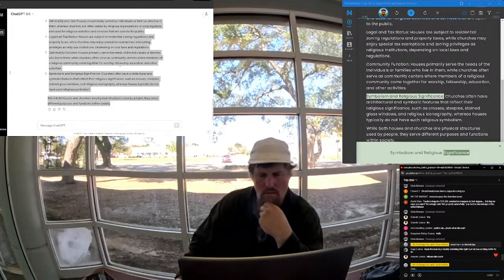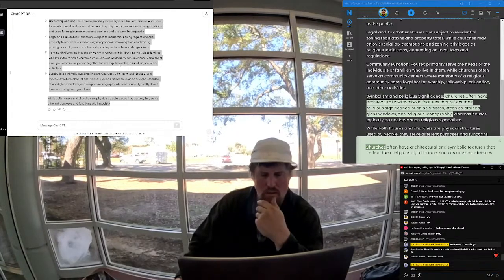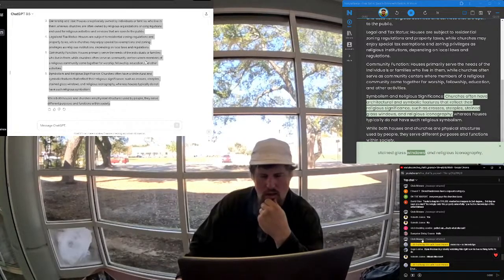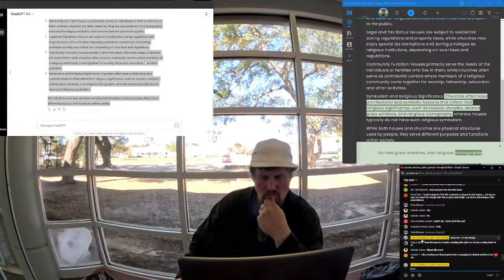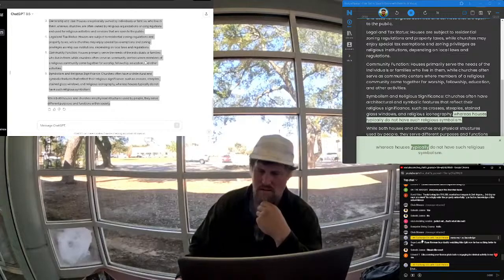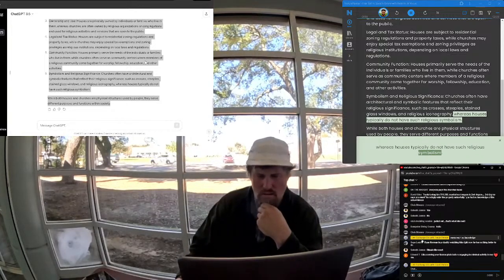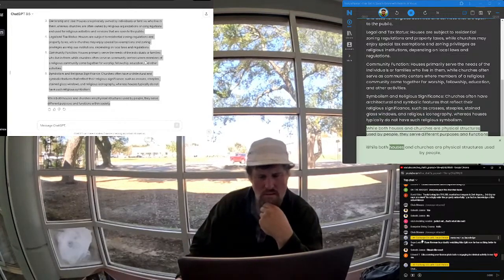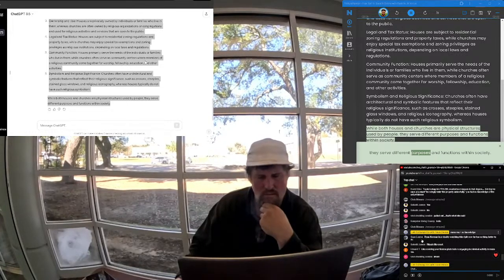Symbolism and religious significance: churches often have architectural and symbolic features that reflect their religious significance, such as crosses, steeples, stained glass windows, and religious iconography, whereas houses typically do not have such religious symbolism. While both houses and churches are physical structures used by people, they serve different purposes and functions within society.